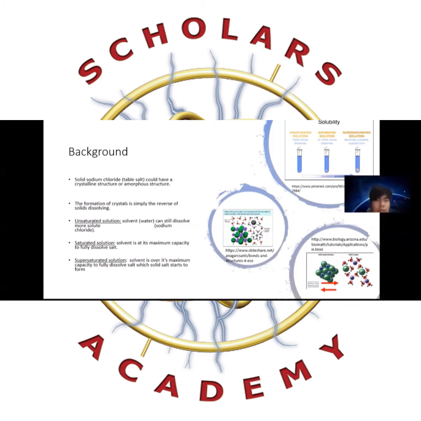So what happens in an unsaturated solution is that there are still water molecules left that can associate with either the chloride ion, the negatively charged atom, and the sodium atom, which is positively charged. So you have water molecules left to surround them, right?